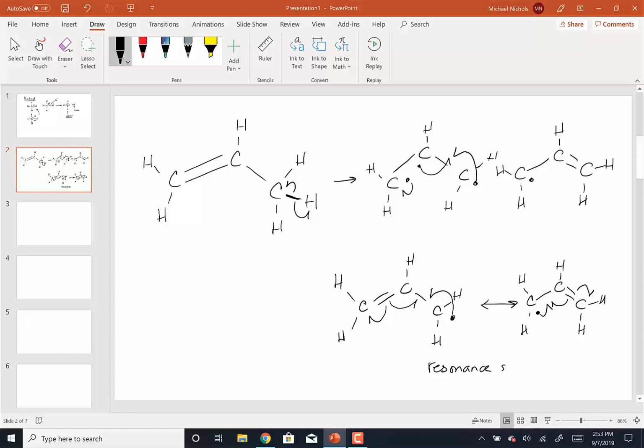They would actually have the same energies because they both have a double bond and an unpaired electron. Okay, so that would be why we have the three fishhook arrows showing the resonance structures that we could get for a radical. And we're going to do this more towards the end of the semester in terms of writing these resonance structures.